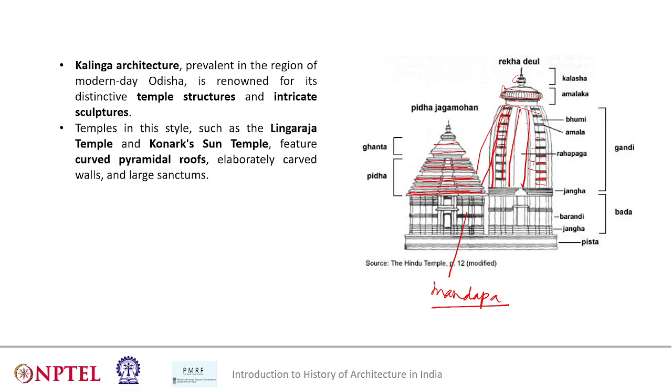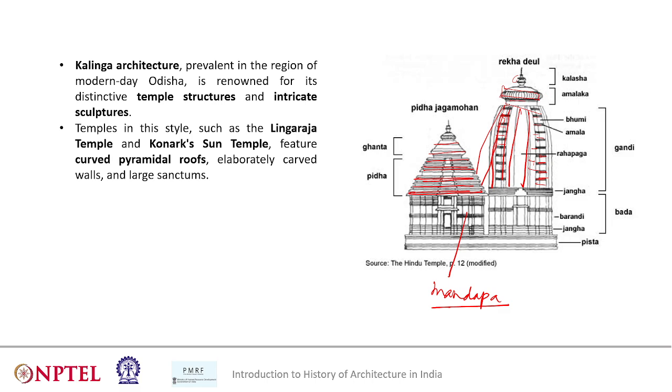And you can see there is this several nomenclature for each of the smaller elements that we find in each and every type of architecture. Also, let me just tell you that the naming of different parts of the temple is a bit different in Kalinga architecture.